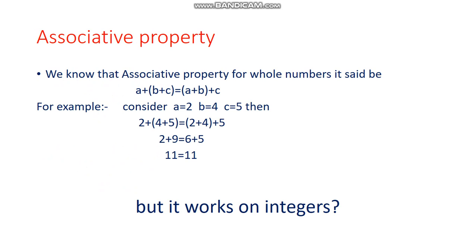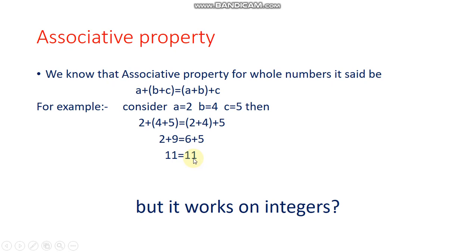It says a plus b plus c is equal to a plus b plus c, where the difference is the bracket holds b plus c in one and a plus b in the other. Let's check with whole numbers. Let a is equal to 2, b is equal to 4, c is equal to 5. Then the answer is 11 is equal to 11.